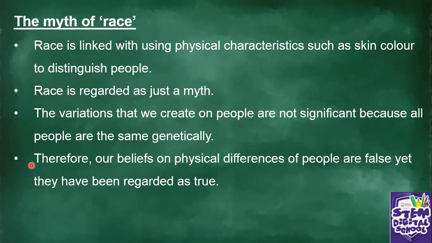So we've taken this myth as something to be true, this race, that there are white people, black people. But the truth is we are all the same. That is the myth of race. It is just our own beliefs on physical differences on people, which are false.